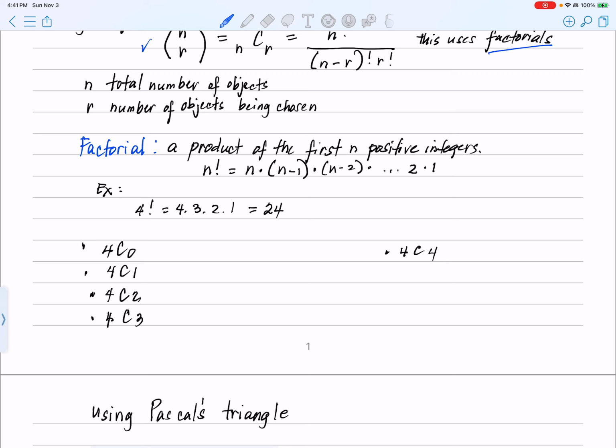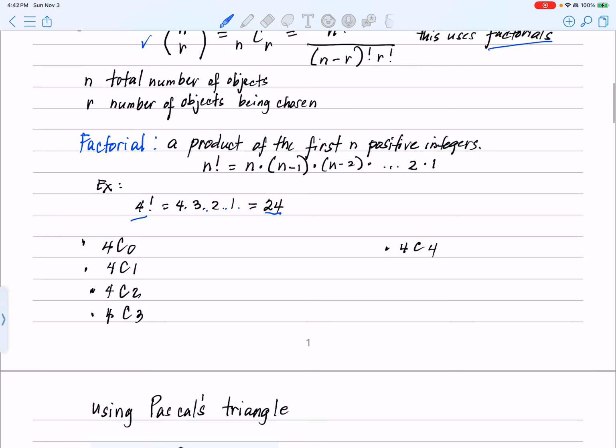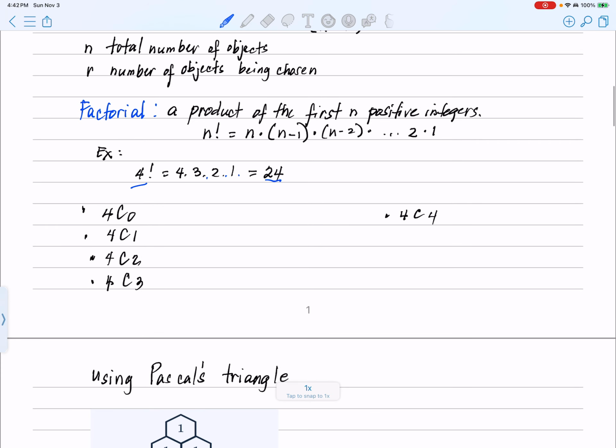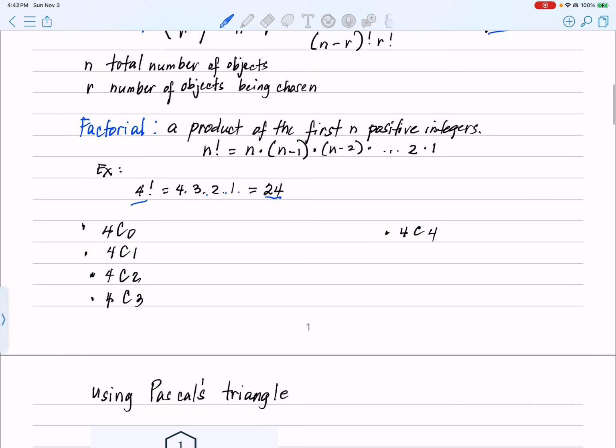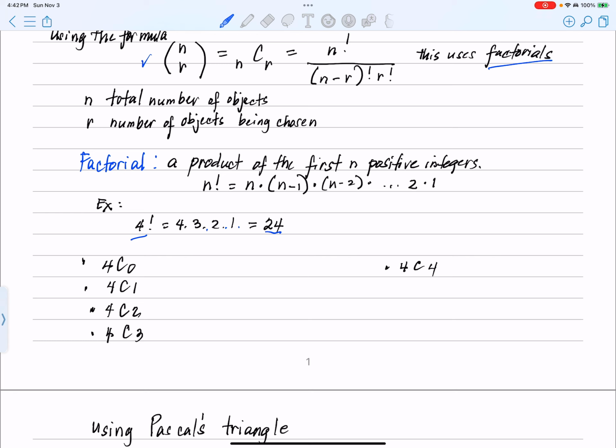For example, you have 4 factorial. That would be 4 times 3 times 2 times 1. And then you multiply it. 4 factorial is equal to 24. Now, let's try to look at this and explore. Using the factorial formula, you have 4 choose 0. So our n here is 4, the r is 0.